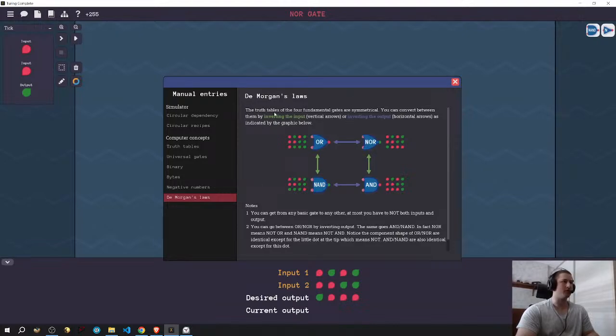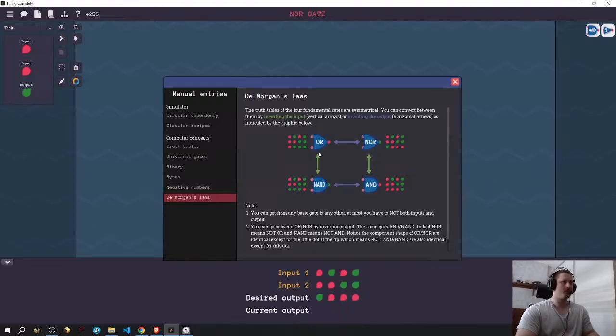Oh, yeah, here. This is the law, and you move vertically by inverting the inputs, and move horizontally by inverting the outputs. So in that case, we are on the NANDs, and then we invert the two, so we go to the NOR.